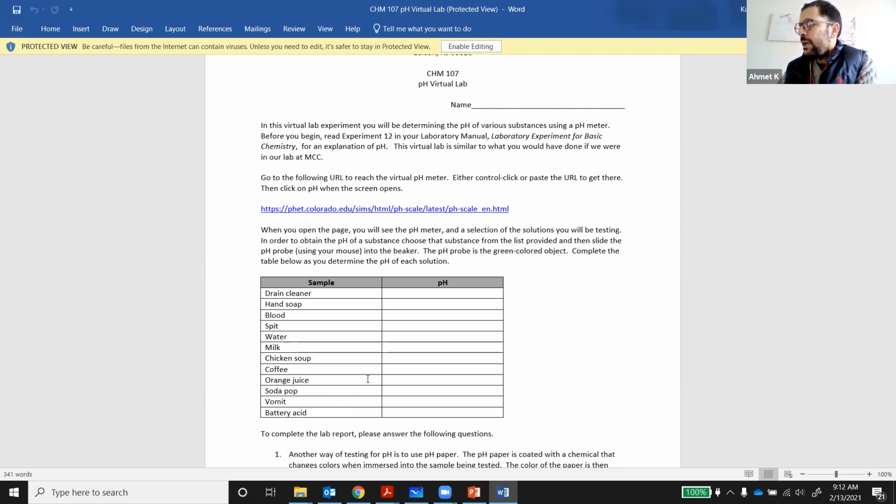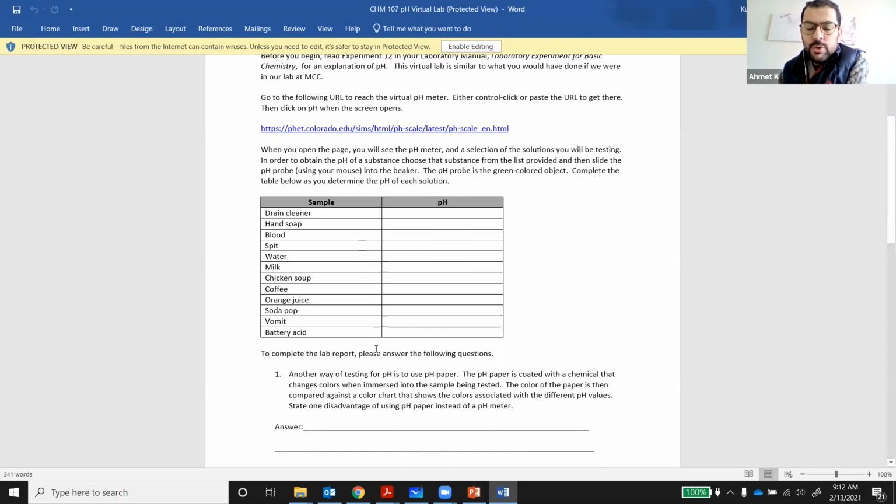That's actually how we measure the pH. There's a pH meter, and if you are in the lab, you put this pH meter inside your solution and it reads the pH. And according to the pH, you tell whether it's acidic or basic.